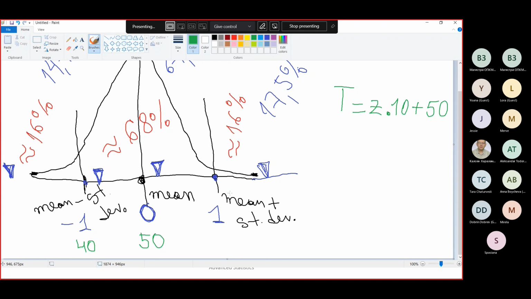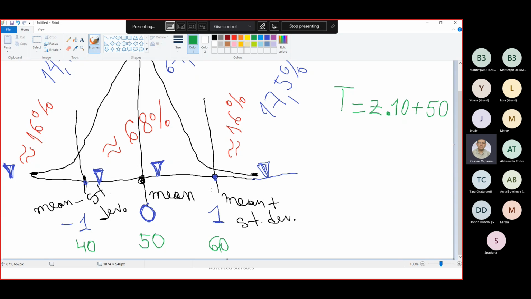And if the raw score of one particular person is equal to the mean plus 1 standard deviation, then his or her Z-score will be 1, and then his or her T-score will be 60. So the reason for using T-scores is that T-scores look very much like percentages.